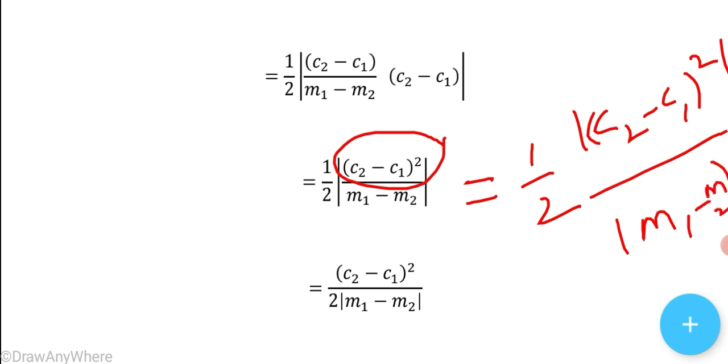Since the numerator has the square of c2 minus c1, we can remove the modulus in the numerator only. So c2 minus c1 the whole square divided by 2 into modulus of m1 minus m2. Hence proved.